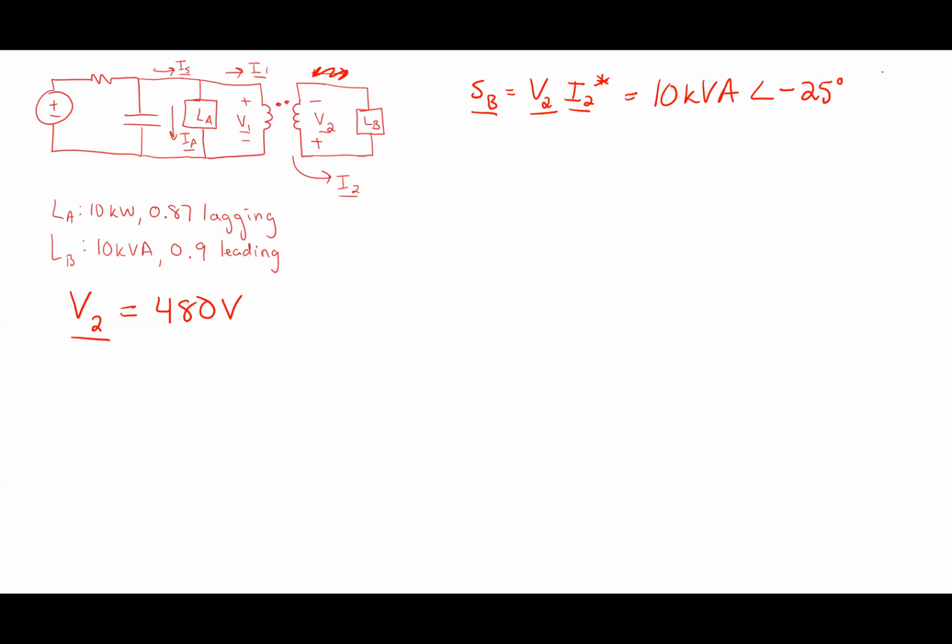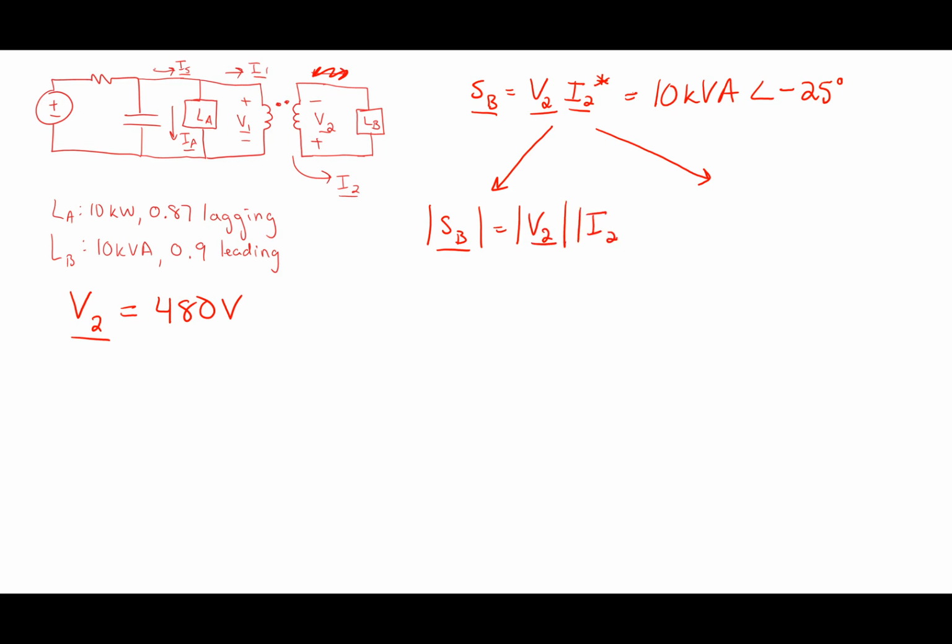Okay, so how do I get the angle of the current? This is 2 equations, right? Yes. What are the 2 equations I have here? Magnitude and angle. So the magnitude of SB equals the magnitude of the voltage times the magnitude of the current.